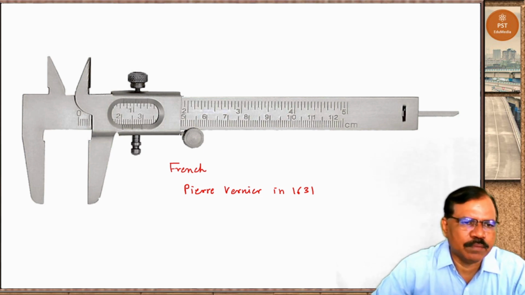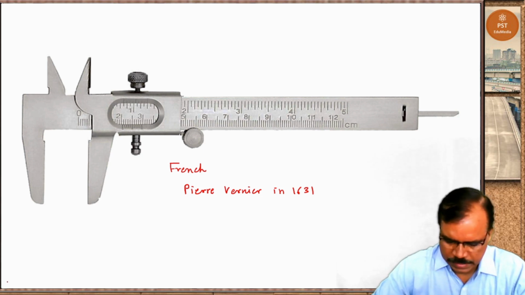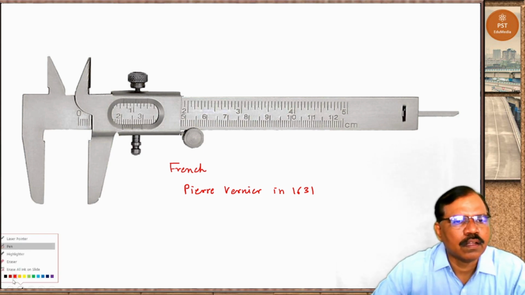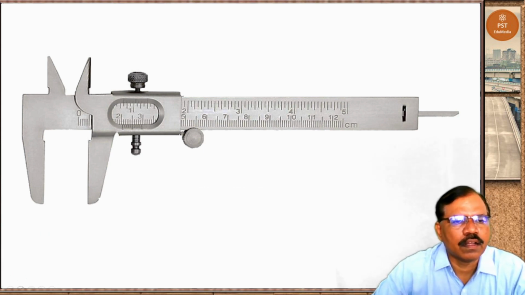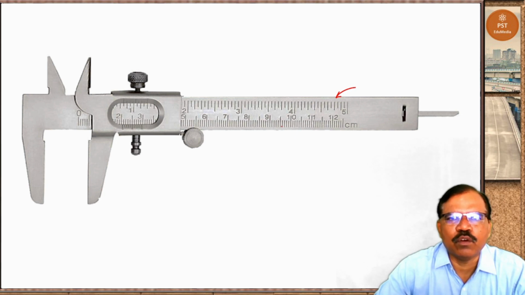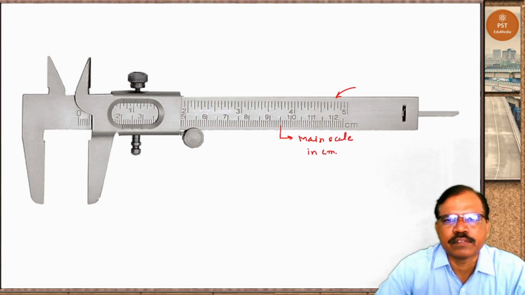Parts of vernier caliper. Now if we see here, this is the plate on which we have the main scale. This is the main scale, and this main scale is in centimeter.